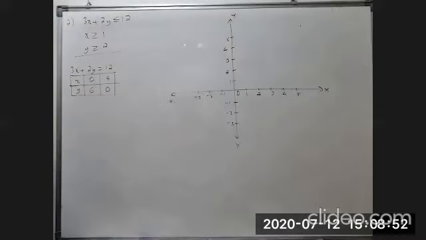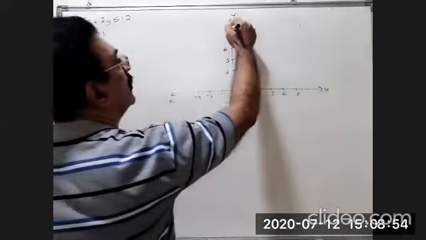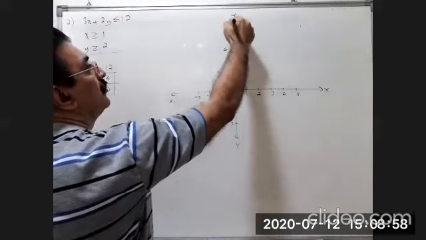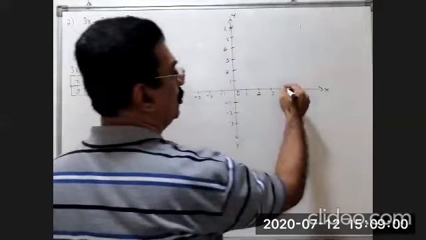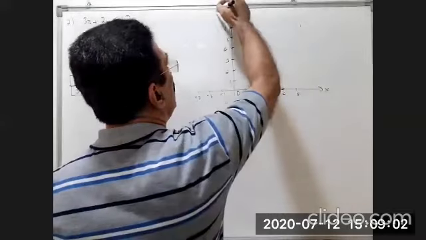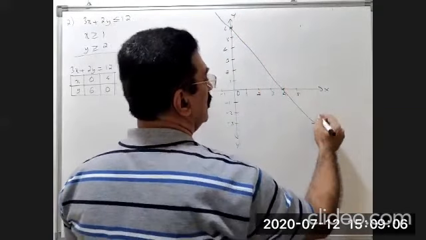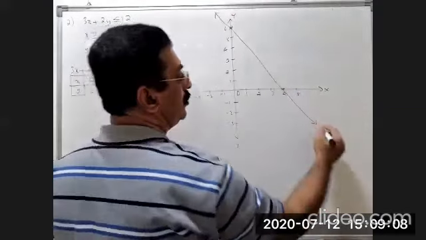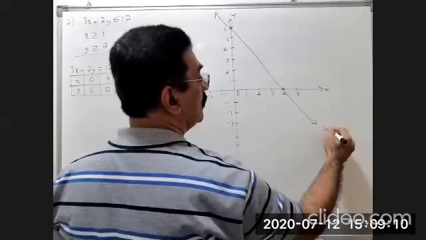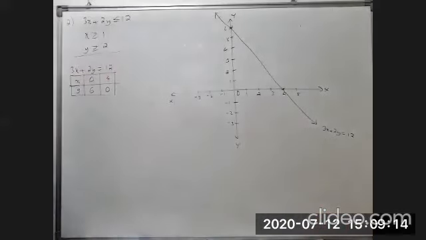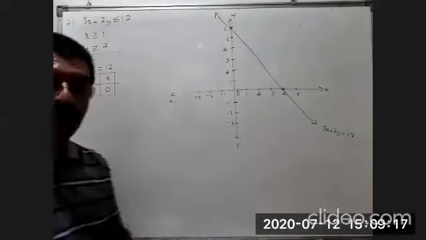First, plot the points. 0, 6 is here. 4, 0 is here. We need a line passing through these 2 points. Draw the line passing through them; this is the graph of 3x plus 2y equal to 12.